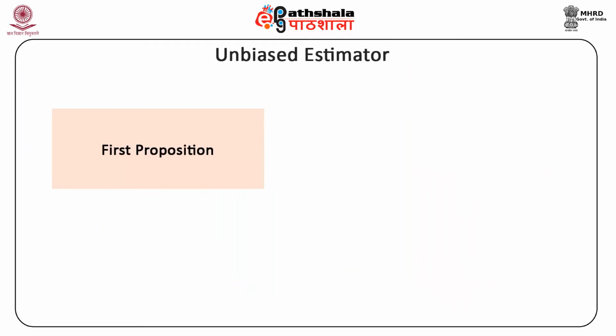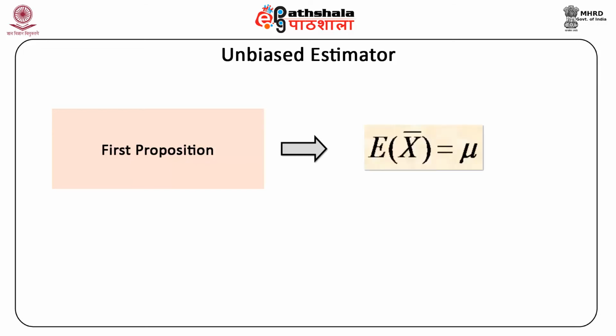The first proposition is a restatement of the rule of expected values, namely the expectation of x bar is equal to mu for possible values of mu. The proofs of the other results are difficult to state.